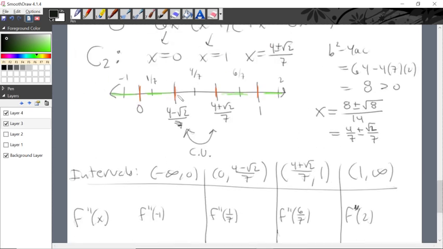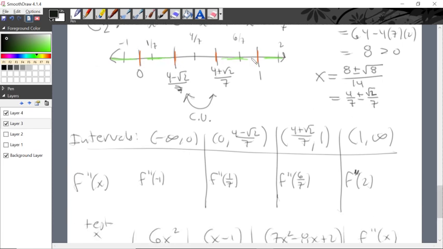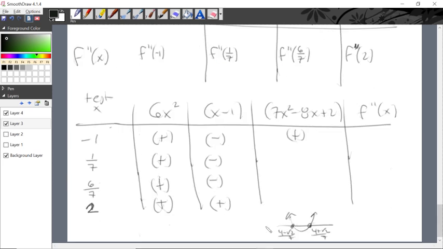We have 4 minus root 2 over 7 and 4 plus root 2 over 7. 1/7 is to the left of 4 minus root 2 over 7, but 6/7 is to the right of 4 plus root 2 over 7. So 1/7 would put us at a point somewhere over here. That's going to output positive. 6/7 would put us somewhere over here. That's going to output a positive. And 2 is also going to be somewhere out here, so that's going to output a positive as well.